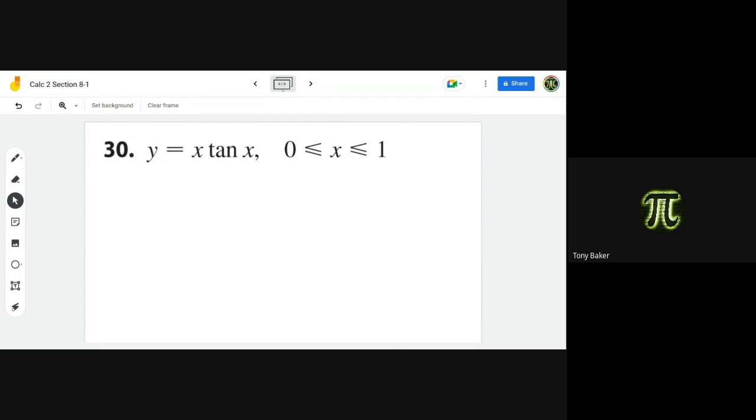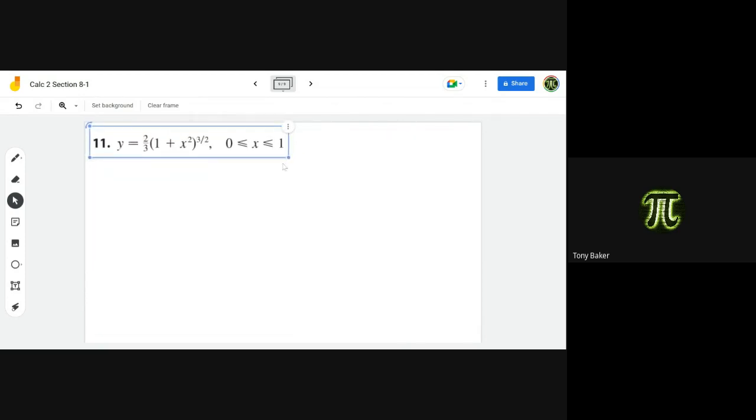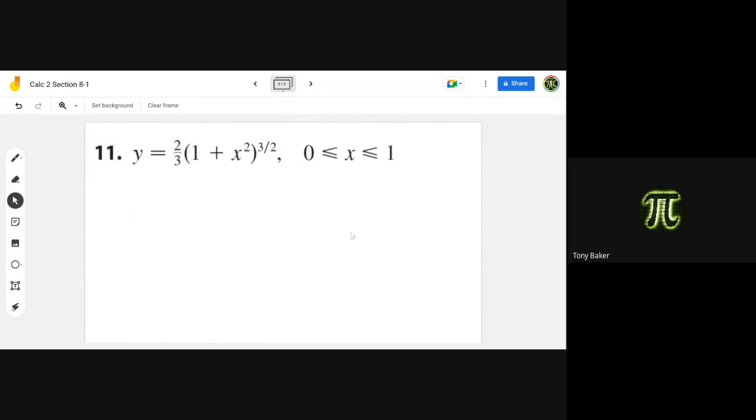I have a screenshot of the text. All right. Okay. Set up my integral.